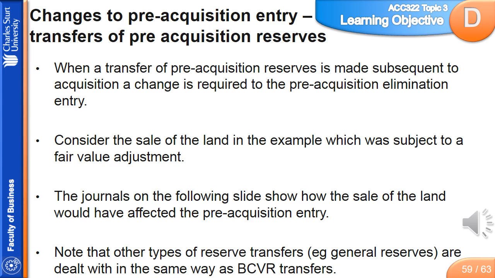When there's a transfer of the pre-acquisition reserves subsequent to acquisition date, there's a change required to the pre-acquisition elimination entry. And I talked about a few of these examples previously where we had a sale of an asset or a contingent liability realised, and as it says in this second point, consider the sale of land.